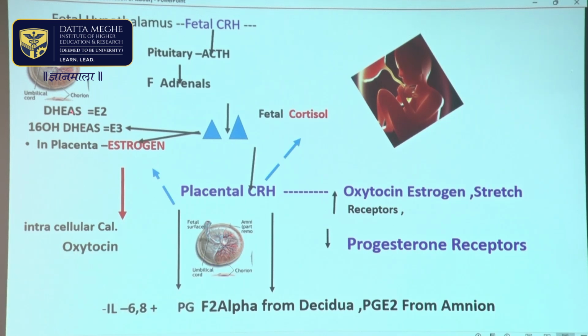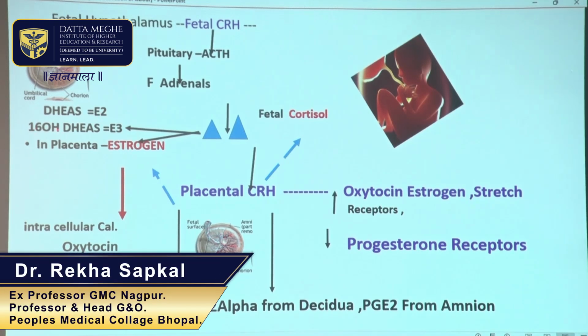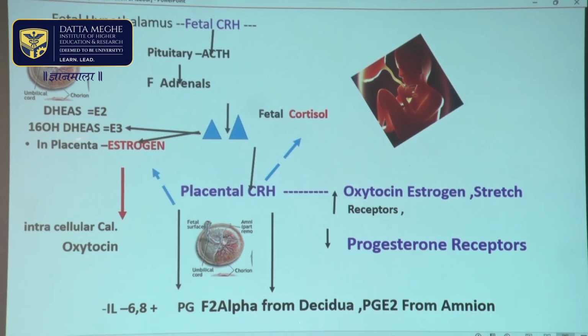So, these two hormones are secreted by adrenal. One is DHEA and second is cortisol. DHEA produces estrogen E2, estradiol, and 16-OH DHEA synthesizes E3 or estriol in the placenta. So, the estrogen is produced in the placenta.